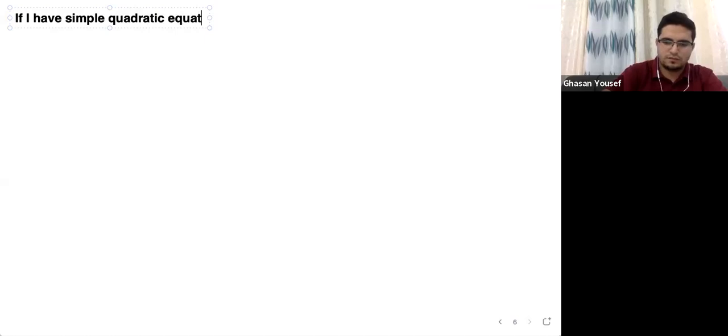The property says: if I have a simple quadratic equation, for example x squared equals c, the solutions are x equals the square root of c, or x equals the minus square root of c. Yes, I'm going back, give me 1 second.